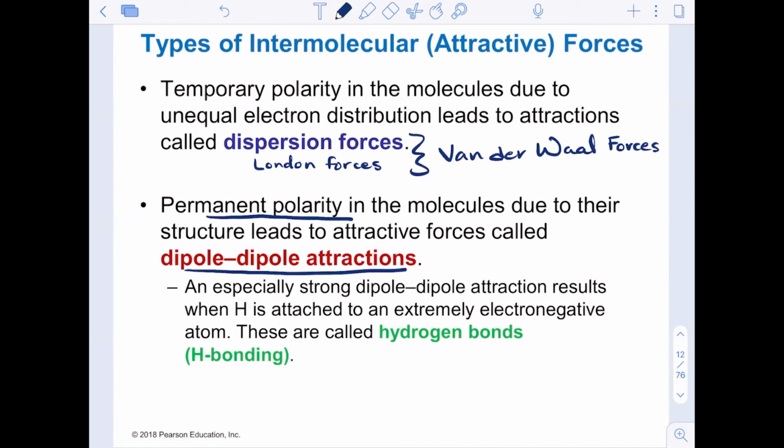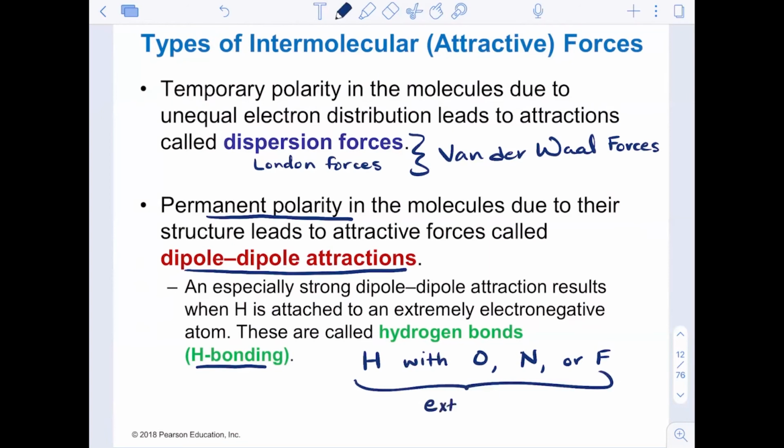When a dipole is especially strong, it's resulting when a hydrogen atom is attached to an extremely electronegative atom. These are called hydrogen bonding. I sometimes abbreviate it H bonding. It has to be a hydrogen with an oxygen, nitrogen, or fluorine. That covalent bond is extremely polar.